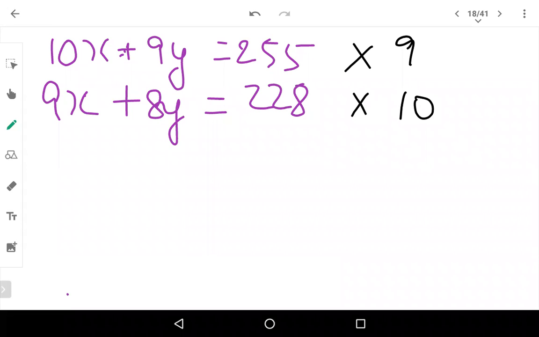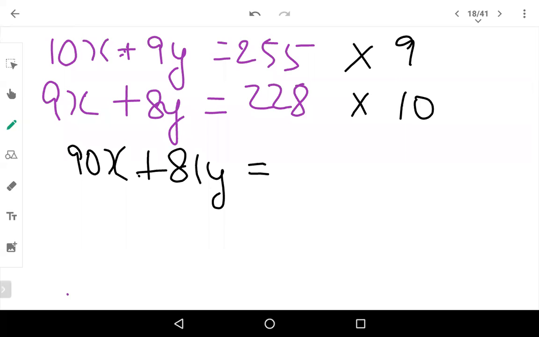Okay, so first equation 1 with 9, what do I get as the answer? I will get 90x plus 9 nines are 81y is equal to 255 into 9. How much do we get? 2295.